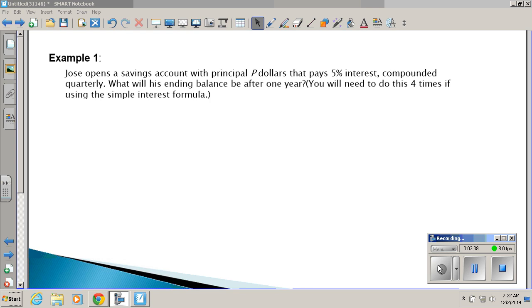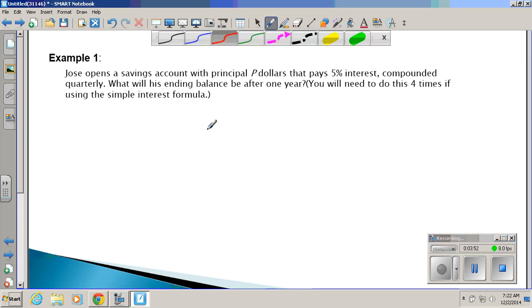Okay, so Jose here is going to put in a certain amount of money at 5% interest. It's going to be compounded quarterly, so that's 4 times a year. And you want to know what his ending balance will be after 1 year. Okay, so it's going to be done 4 times. So we're going to start by saying we'll use a simple interest formula.